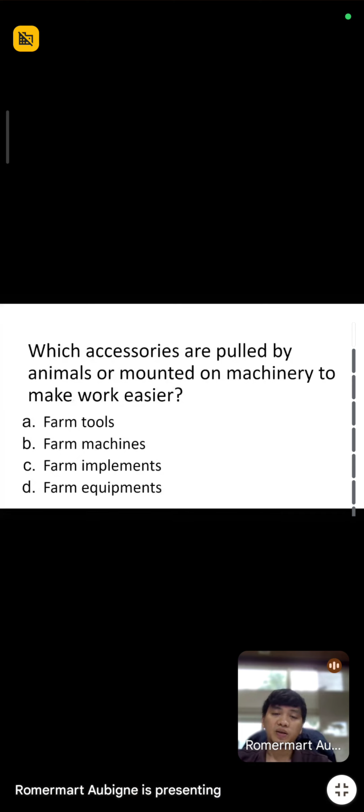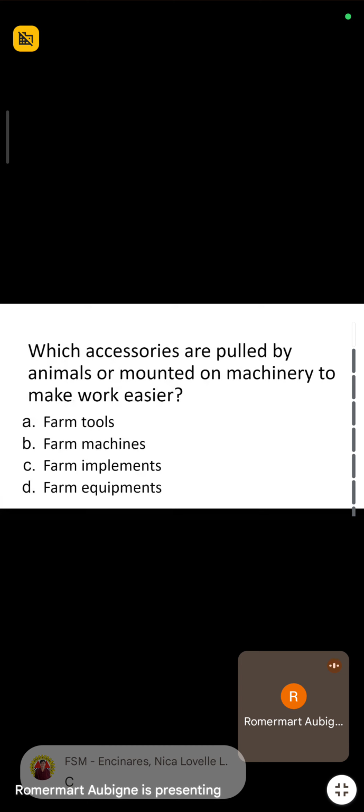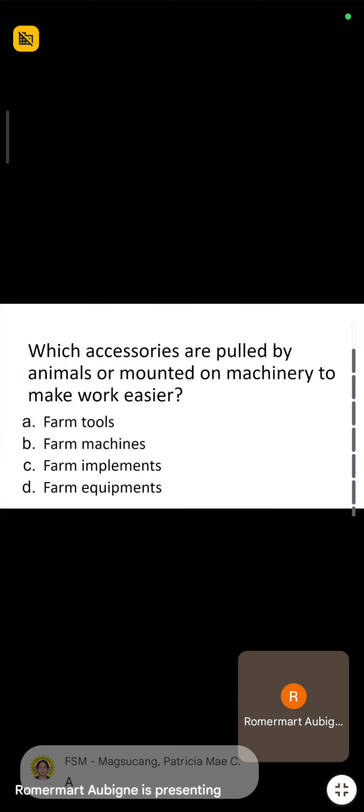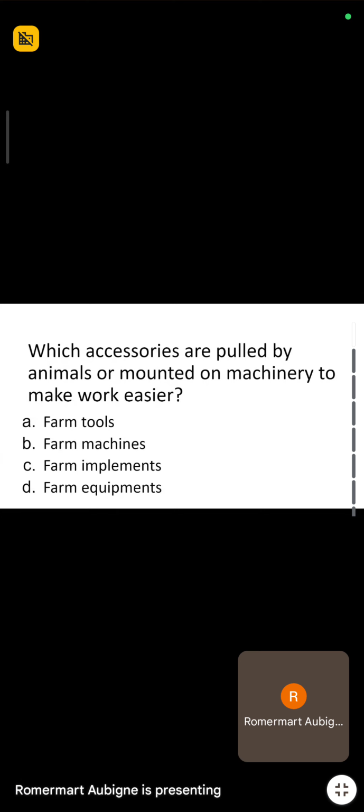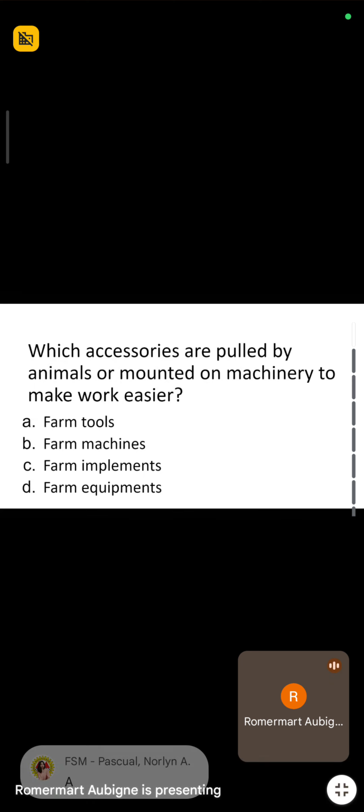B. Farm machineries. C. Farm tools or D. Farm equipment. Ano pong tawag natin dito? Okay. The answer is farm implements. Tama po.